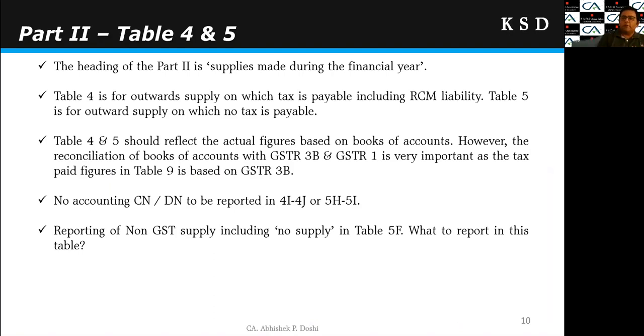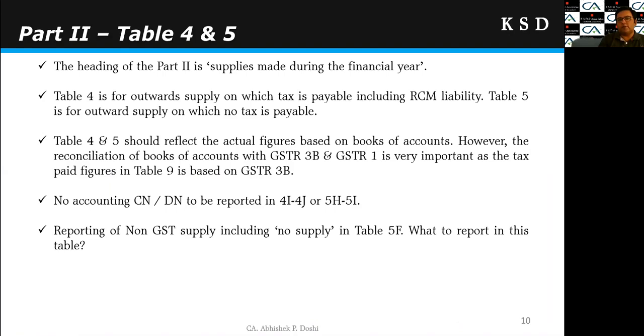So as we all know, part 2 is for outward supplies and tax on the outward supplies, right? And it has been divided into table 4 and 5. If you see the difference between table 4 and 5, table 4 is for such outward supply on which tax is payable, and table 5 is for such outward supply on which tax is not payable.